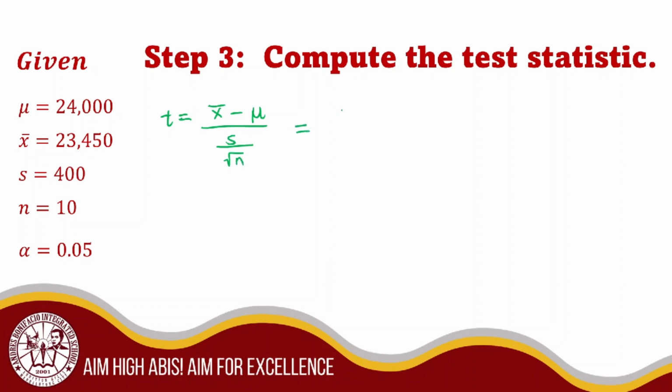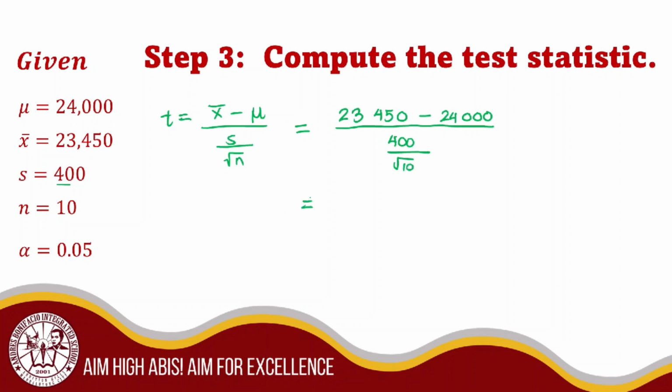Our mean is, as you can see on the given, 23,450 minus mu, or the population mean, which is 24,000. So all over, what is our standard deviation? 400. So all over 400 over square root of our sample size, which is 10.